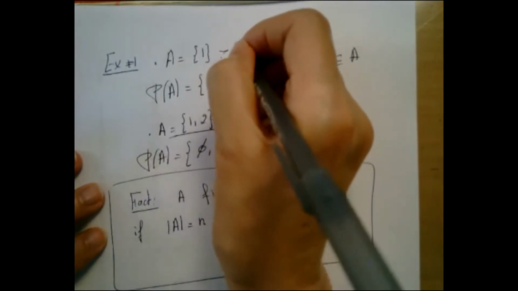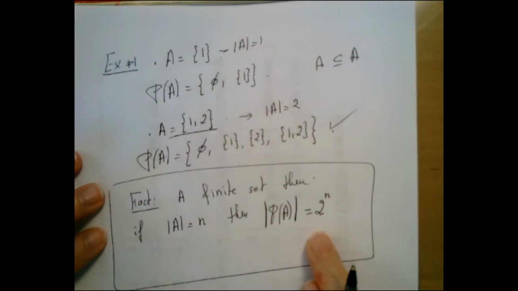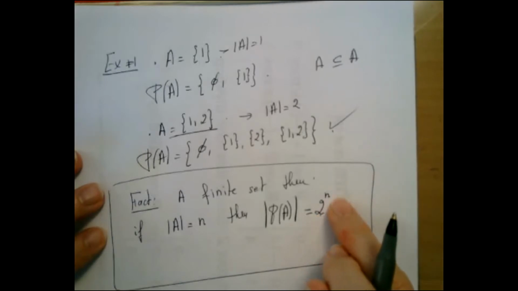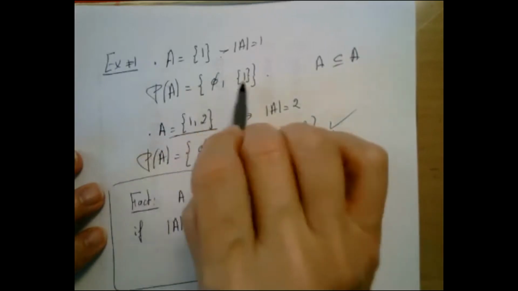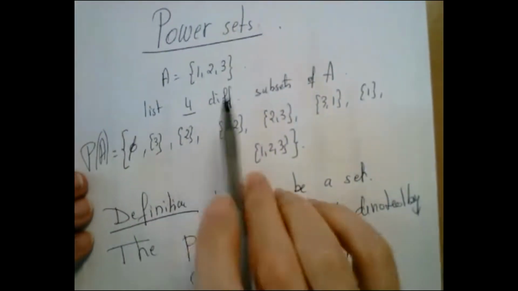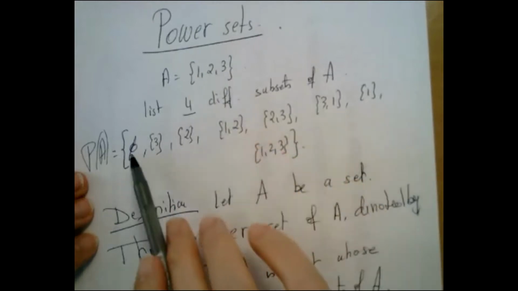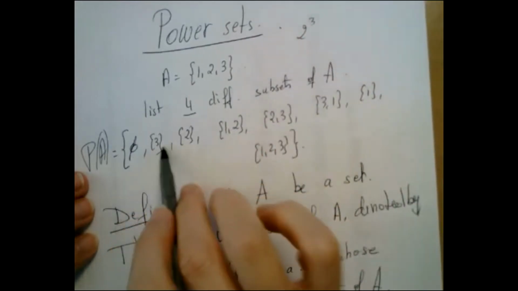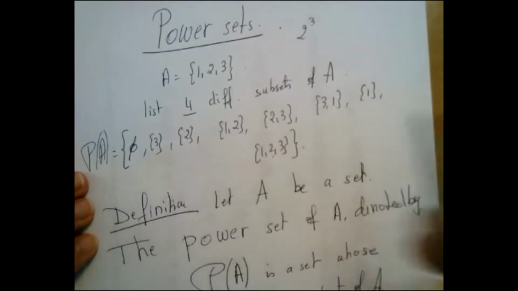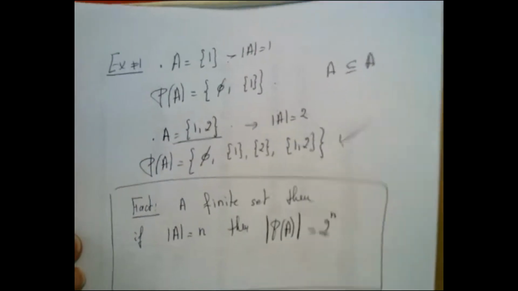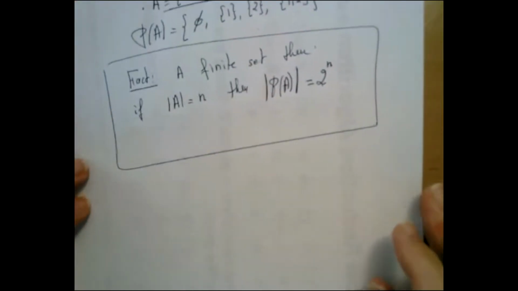Here, the cardinality of A is 1, so the formula tells me the power set of A should have 2 to the power 1, which is 2 elements. And the one I started with, 3 elements: the formula tells me we should have 2 to the power 3, which is 8. 1, 2, 3, 4, 5, 6, 7, 8. So it's a very useful fact, and it's helpful sometimes.